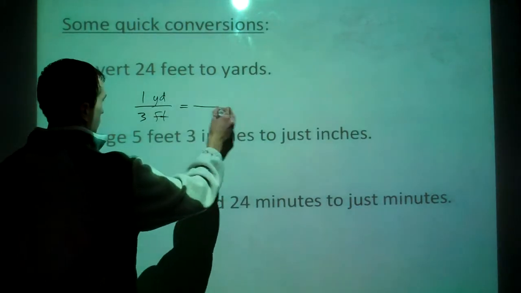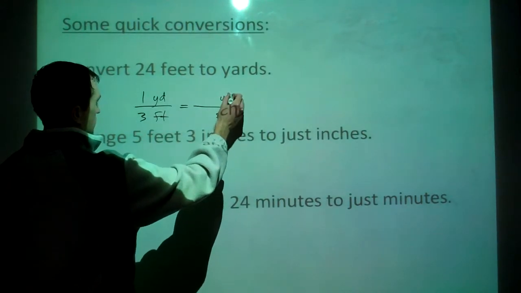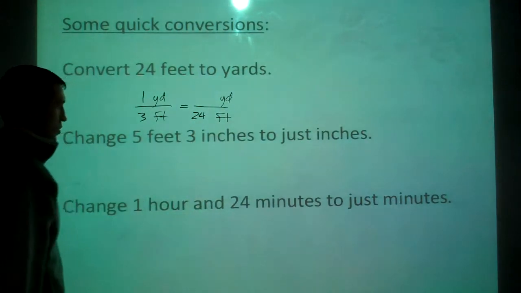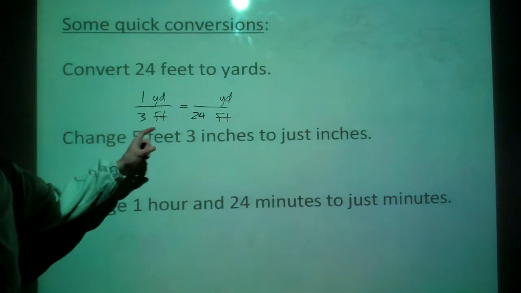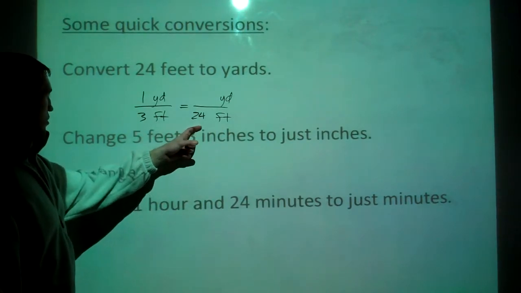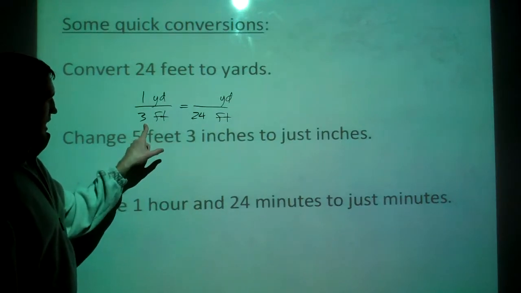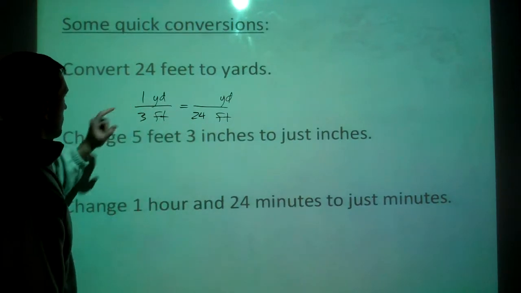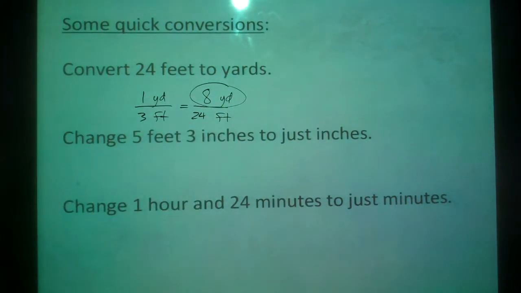And we're going to match up feet with feet, yards with yards, 24 feet. So we set up a little proportion here. How do we get from 3 feet to 24 feet? Well, we multiply by 8. So 3 times 8 gives us a 24. So 1 times 8 would give us 8 yards. Or just 24 divided by 3.